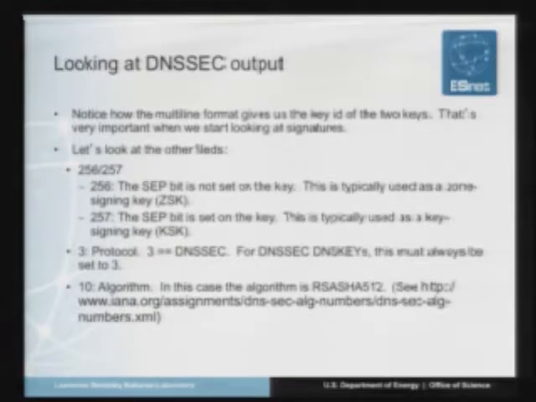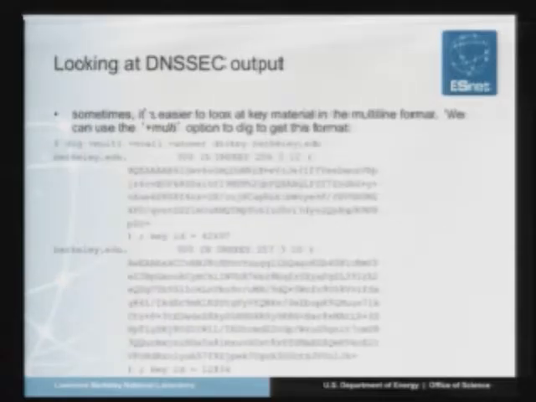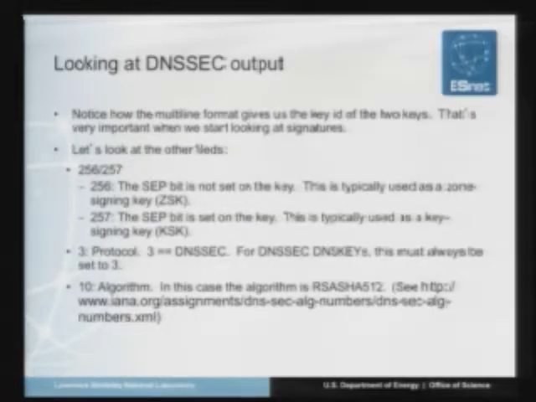Okay, what are some of the other things that we see in those fields? You saw a 256 or 257 here. That determines whether the key has its secure entry point bit set or not. Now, the standard only specifies whether the secure entry point is set. We commonly, in the operations community, refer to that as either being a ZSK, a zone signing key, or a KSK, a key signing key.